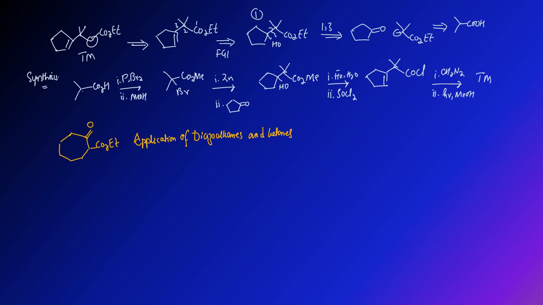Diazoalkanes and ketones are very important for ring expansion. Usually a 6-member ring is converted into 7. So diazoalkanes and ketones can be used for ring expansion.